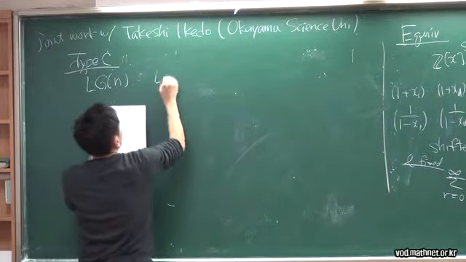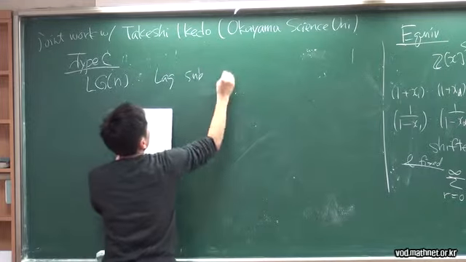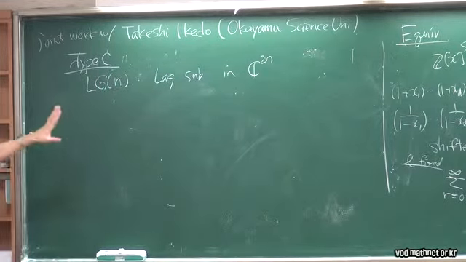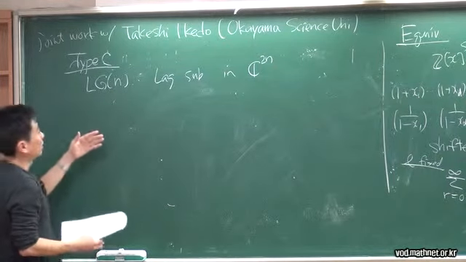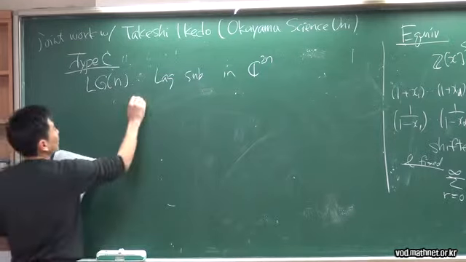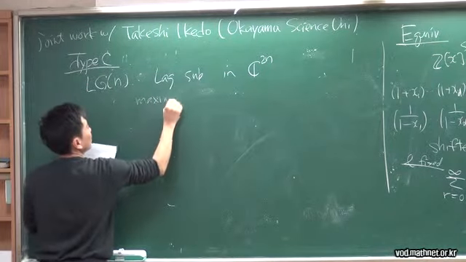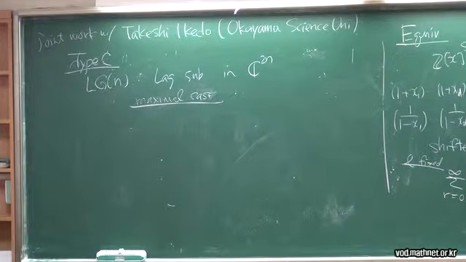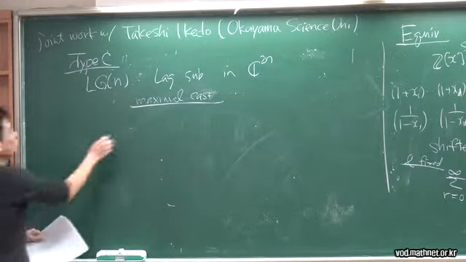So this is Lagrangian subspaces in C^2n, and C^2n has a standard symplectic structure. We call it the maximal case, because there's no freedom for the dimension of the subspace if you say it's Lagrangian.